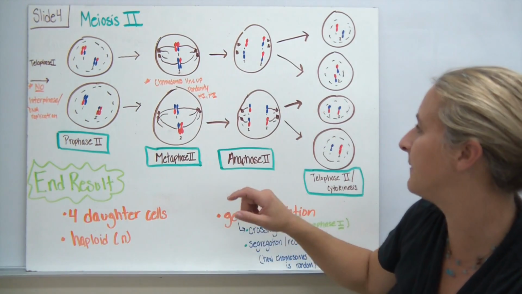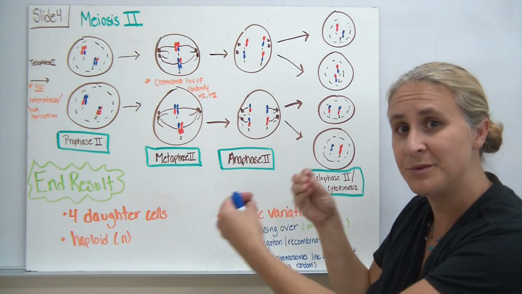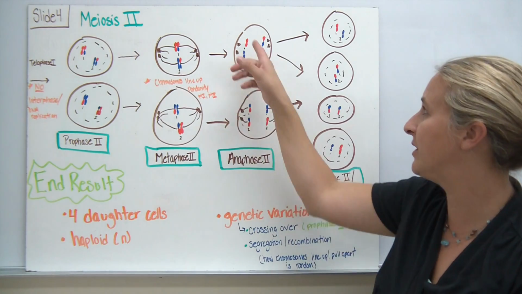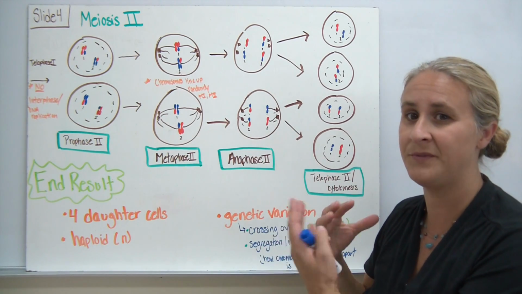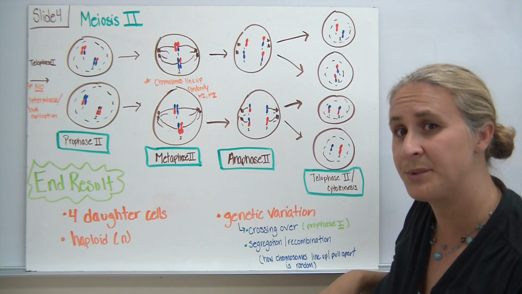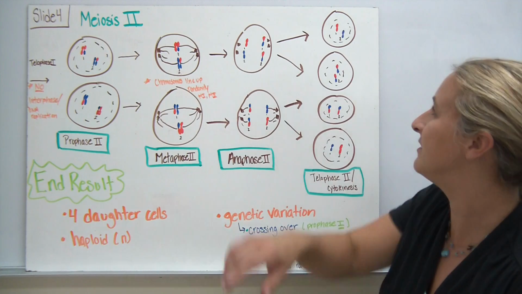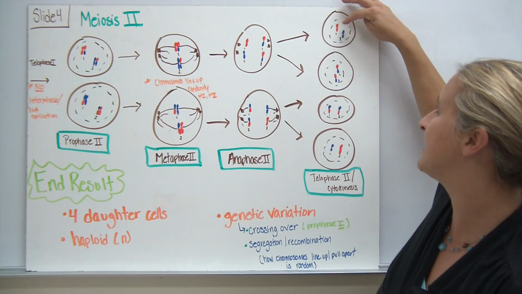They could be done randomly. They attach to the spindle fibers, and then during anaphase 2, the chromosomes split apart at the centromere, so now we have a single chromosome, not a doubled chromosome, and each of those cells splits into 2. Kind of looks like mitosis, that basic cell division.